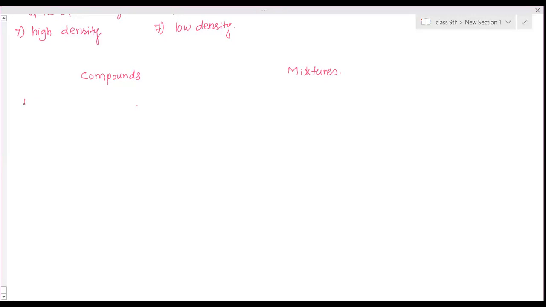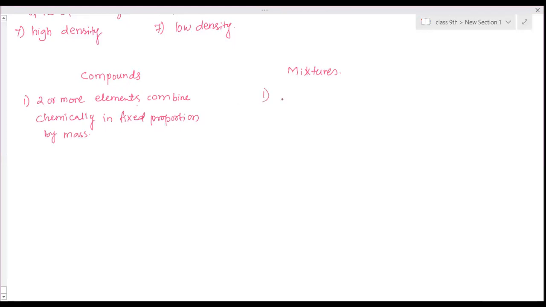Yes, first point. Compounds are two or more elements that combine chemically in fixed proportion by mass.